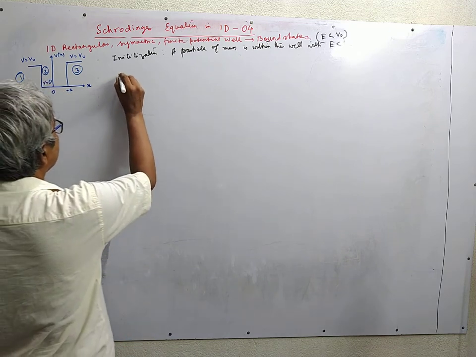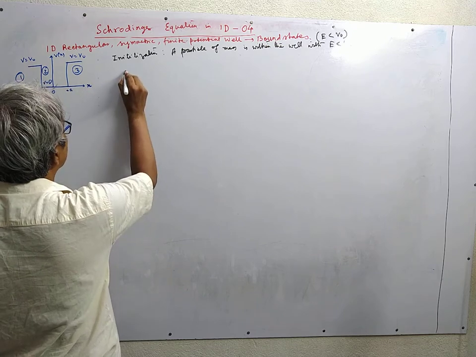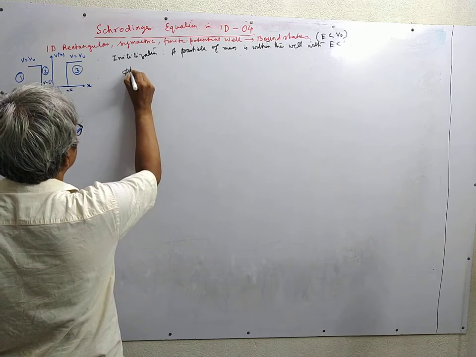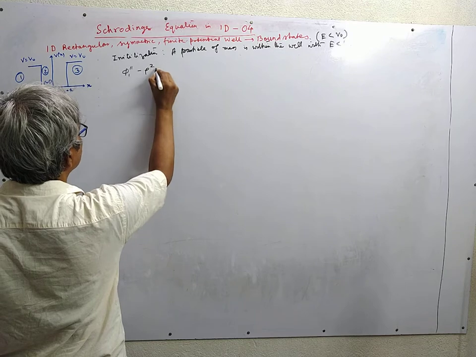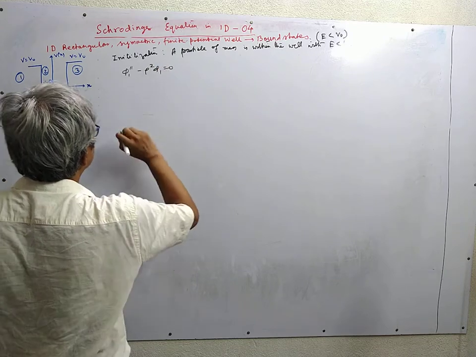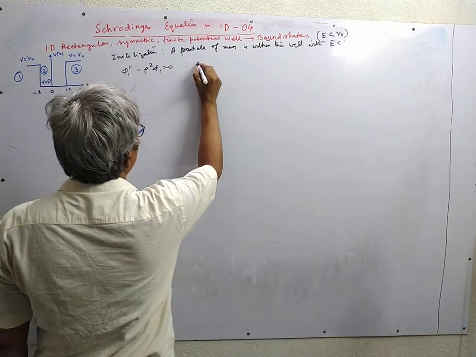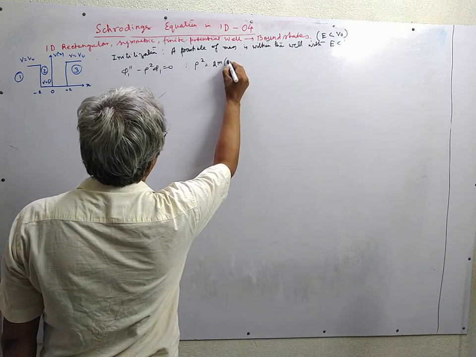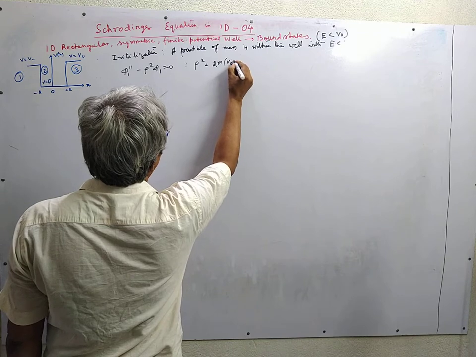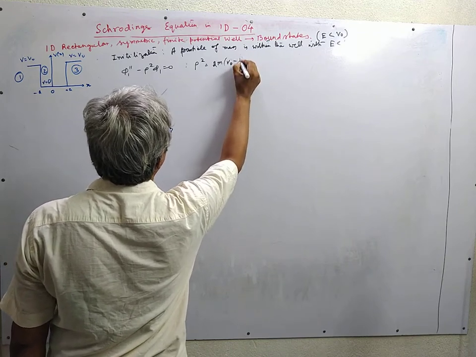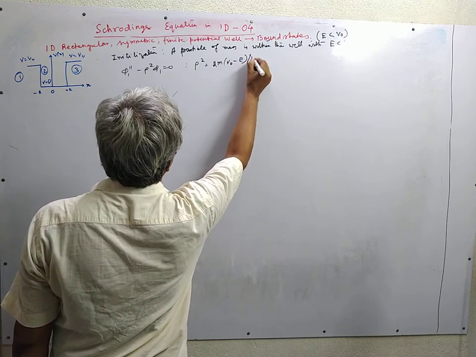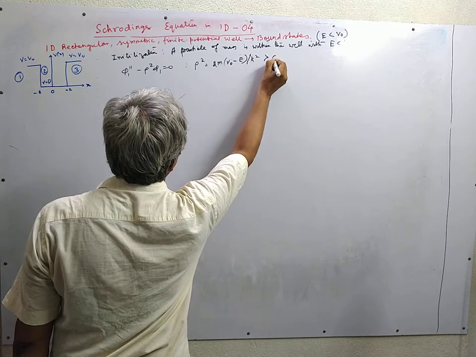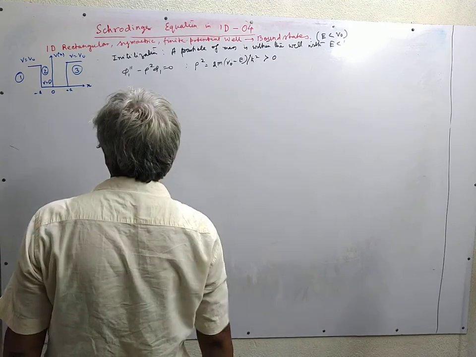In region 1, the wave function is phi 1, so phi 1 double prime minus rho square phi 1 is equal to 0, with rho square equal to twice m times V0 minus E upon h bar square, and since V0 is greater than E, it is a positive quantity.